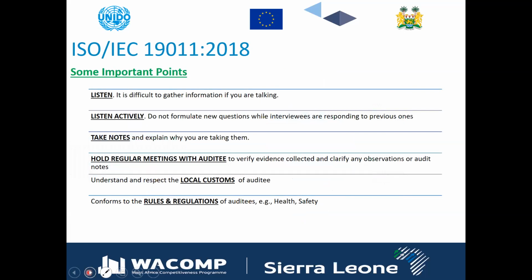Some important points while you are doing the audit: you must be a good listener. It is difficult to gather information if you are talking. I mean, you have to ask one question. For example, how many thermometers do you have? Then you have to listen. Are your thermometers calibrated? Yes. So then you have to listen to the auditee.